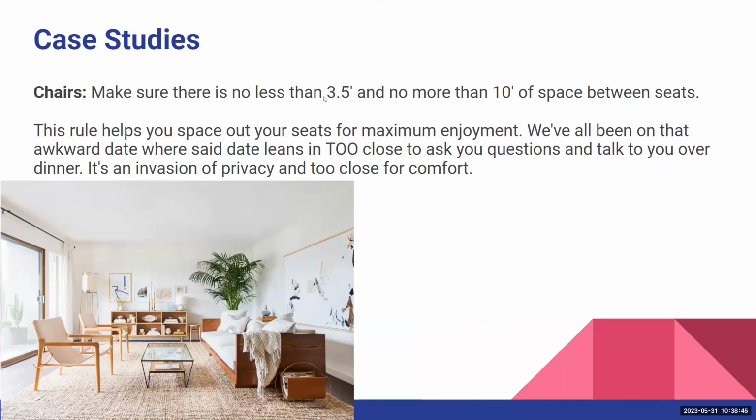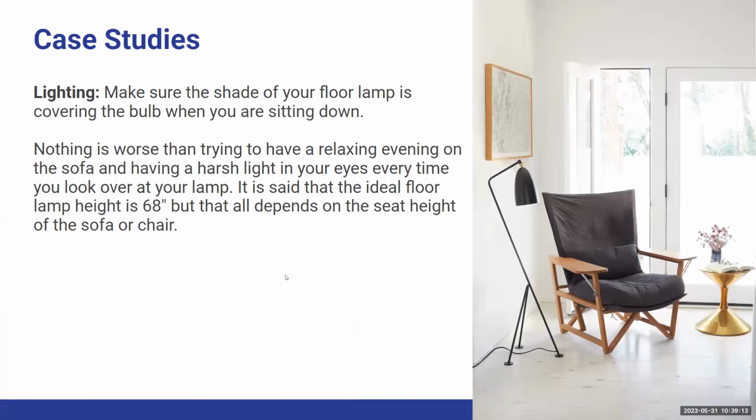Make sure there's no less than 3.5 feet and no more than 10 feet of space between seats. This rule helps you space out your seats for maximum enjoyment. We've all been on that awkward date when said date leans too close and asks you questions over dinner. So it's also important to have space between chairs.